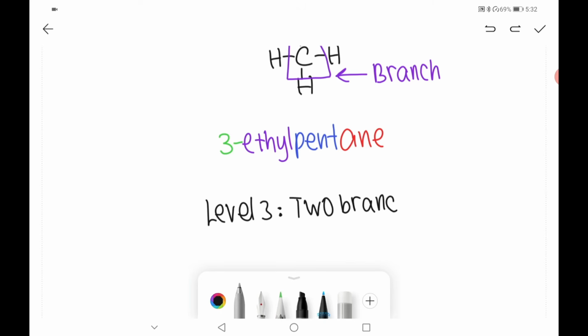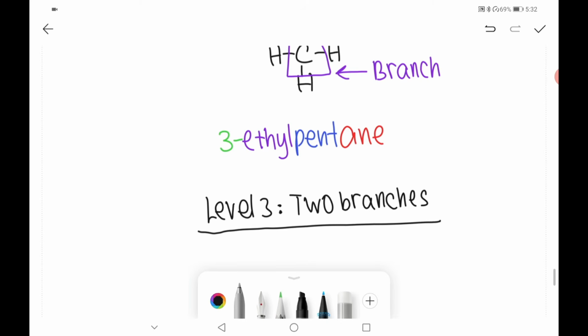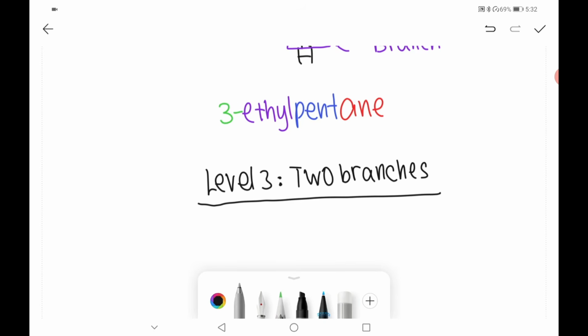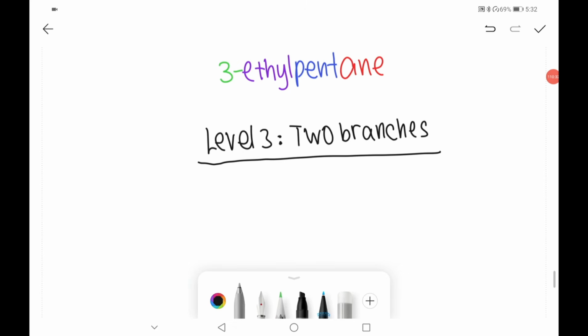Very unlikely in SPM they will ask you 3 branches or more. But even if they ask you 3 branches, the concept is the same, which I'll show you later. If you understand 2 branches, you will not have any problem, even if they ask you 3 branches.